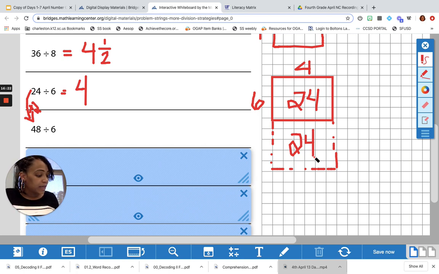I have 48. And I want to know what my quotient is going to be. Let me think about this for a second. I don't know if my picture is doing my thinking justice. I had 24 and I put them in 6 groups. Now I'm doubling the amount that I have, but I still want to put it in 6 groups. How can I do that? What's going to happen to my quotient?